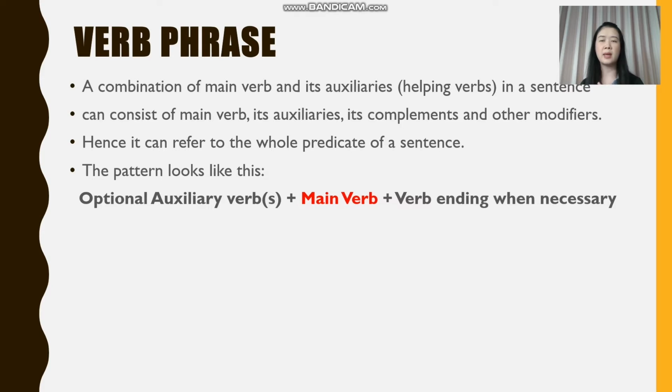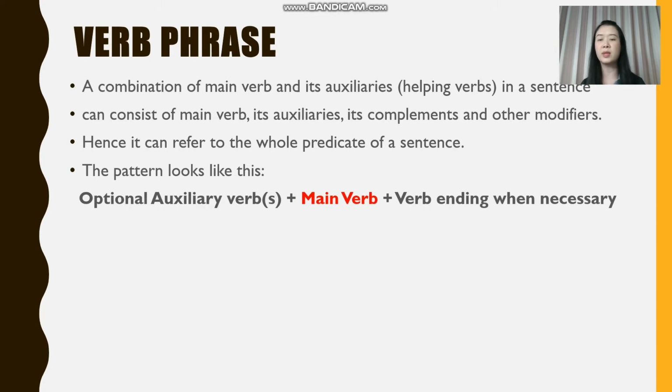I have to say that if we are talking about the noun, if it's only one word, actually it can be the noun phrase too. What about the verb phrase? If there is only one main verb, it's possible that we can say that, oh, this is the verb phrase as well, okay? And for the verb phrase, it can consist of main verb, its auxiliaries, its complements, and other modifiers.